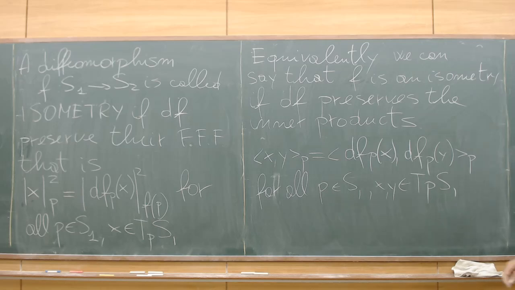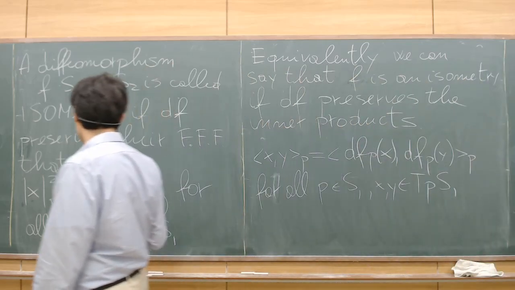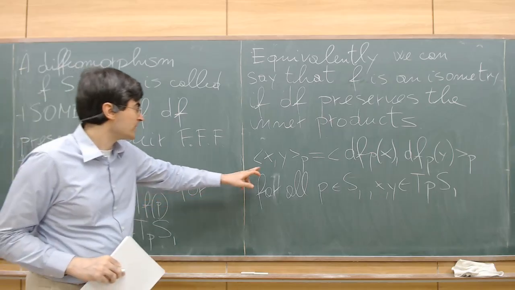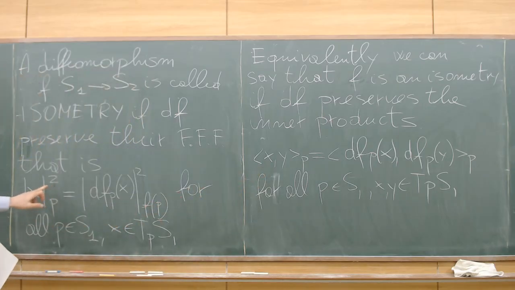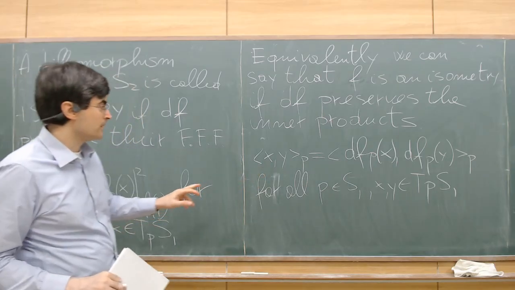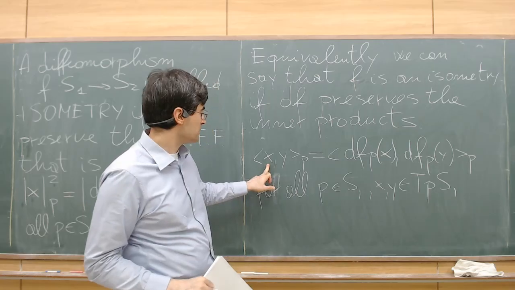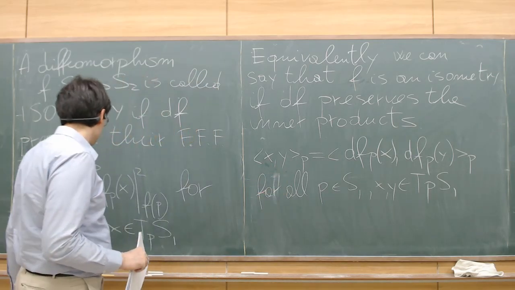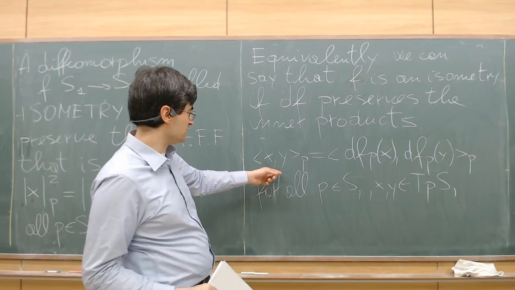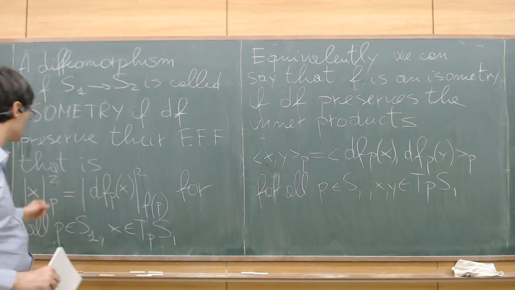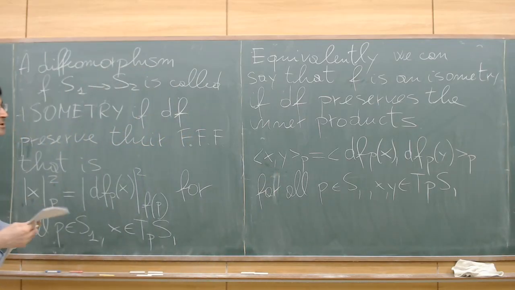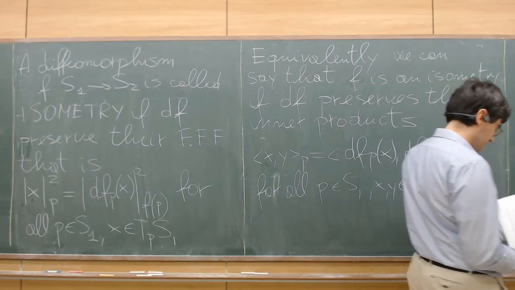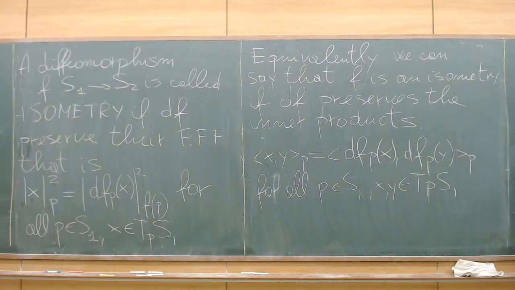Clearly, this is equivalent to this one. Why? Because you can get the square norm of x as the inner product of x with itself, and you can get the inner product of two vectors using the squared norm function using the formula I used several times before.